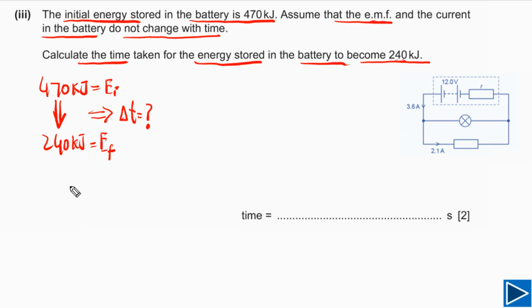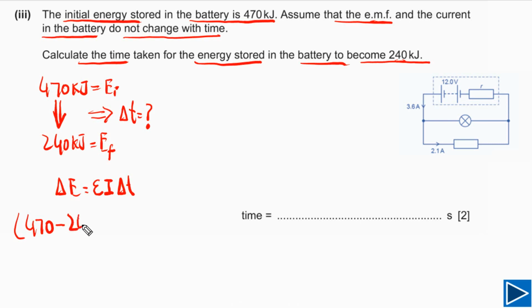For this purpose we can simply say delta E in this case has to be equal to the EMF of the power supply times the current passing through the power supply multiplied by delta T. So we need to find the change in energy. How can we find the change in energy? In this case we can simply subtract 240 from 470.